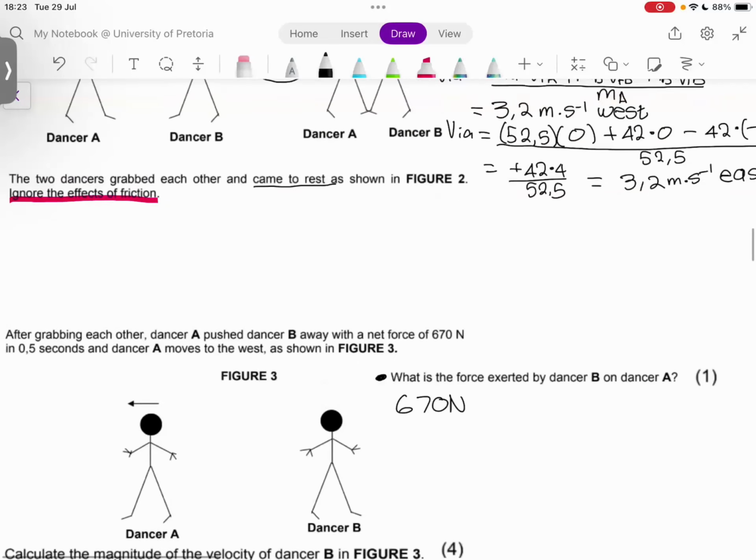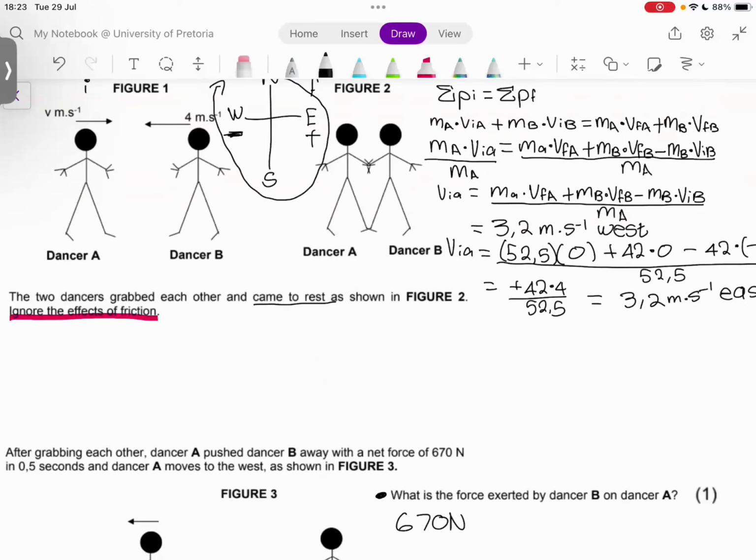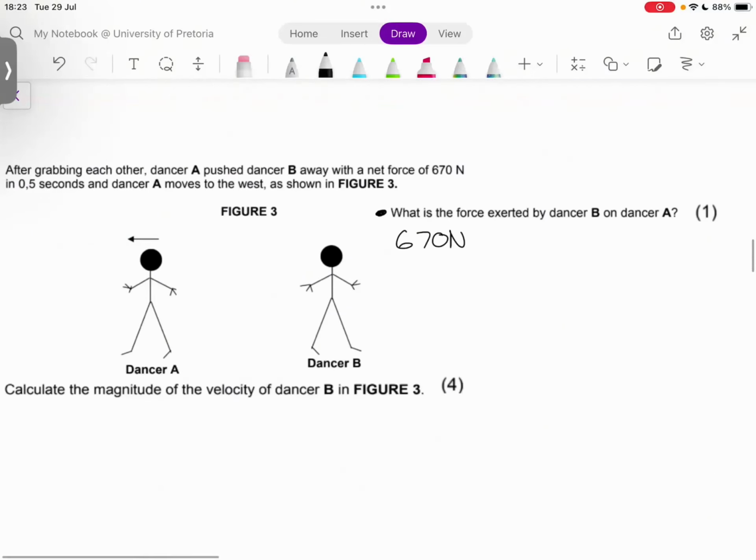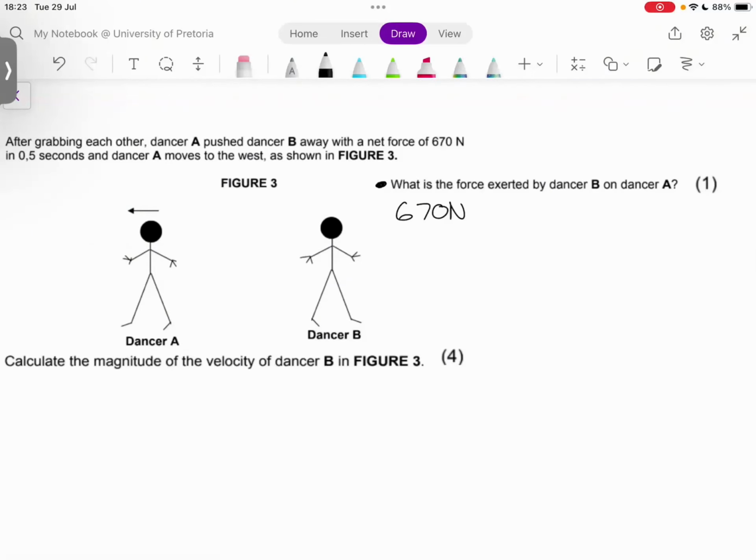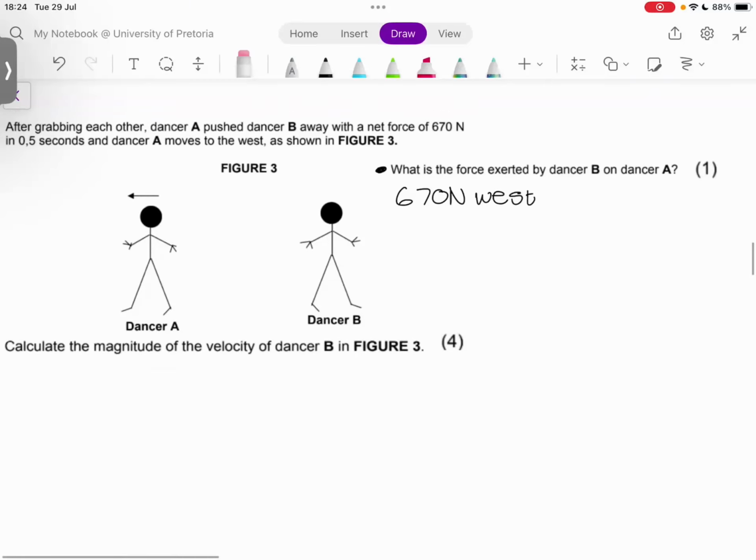Initially, dancer A and B are together, and afterwards, A pushed onto dancer B. A pushed east, so the force exerted by B on A would be 670 newtons west. This one relied on our knowledge of action and reaction forces. Cool.